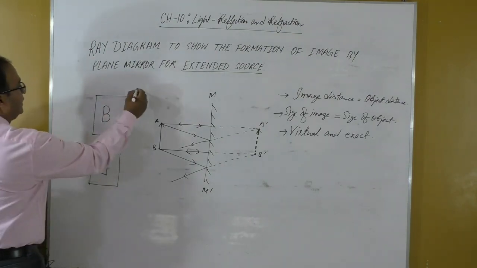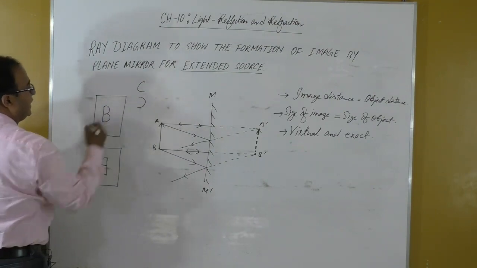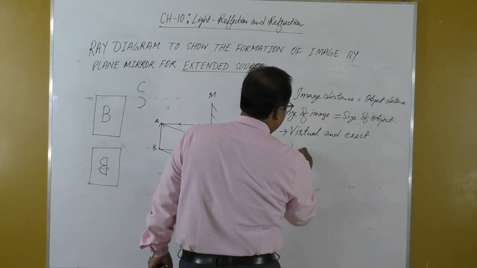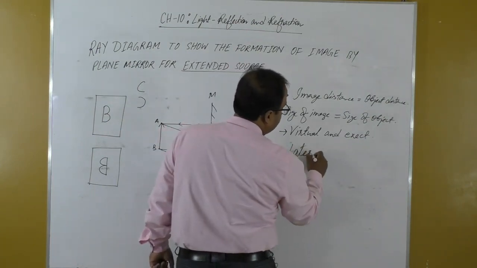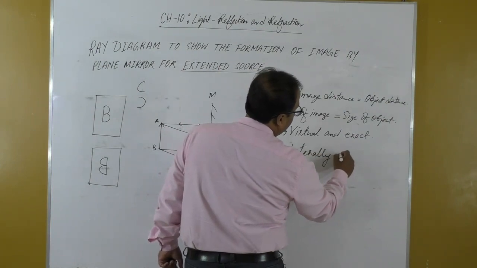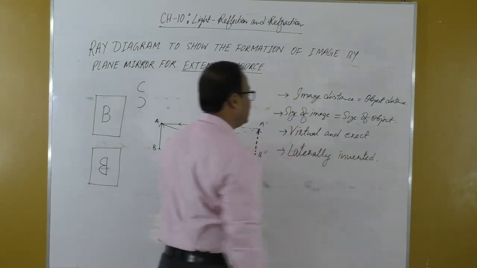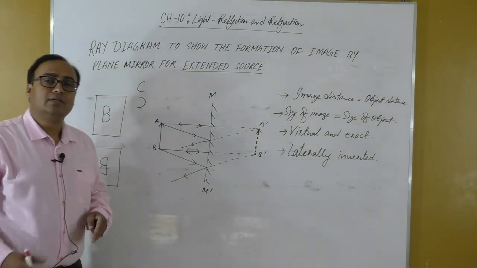If you observe the letter C in a mirror, it will appear like this. So this effect, this phenomenon, is called lateral inversion. So we can say that the image is laterally inverted. That means right side appears to be left and left appears to be right.